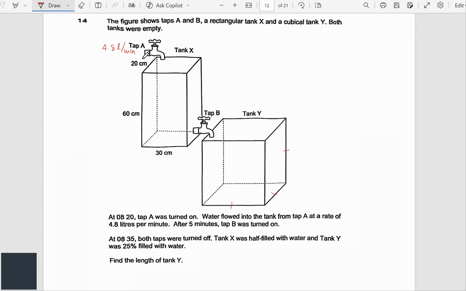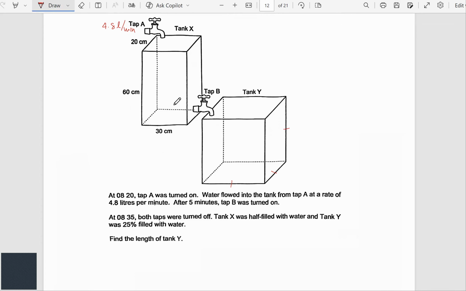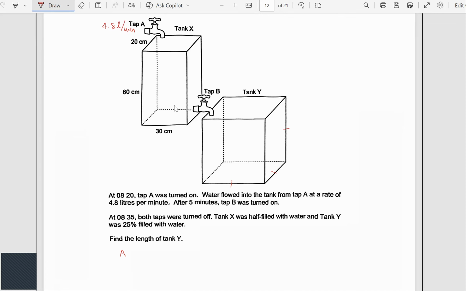So for 15 minutes, water has been flowing out from tab A. Okay, let's find out what's the volume that flowed out from tab A in 15 minutes first. So 15 times 4.8 liters. So 72 liters. Let's change this to cubic cm.